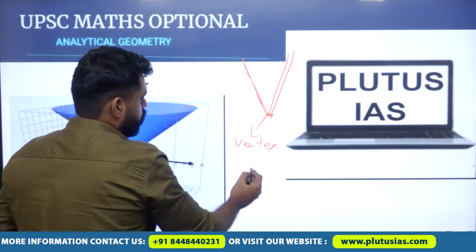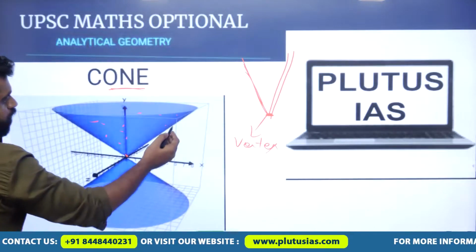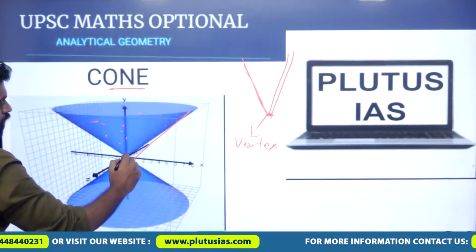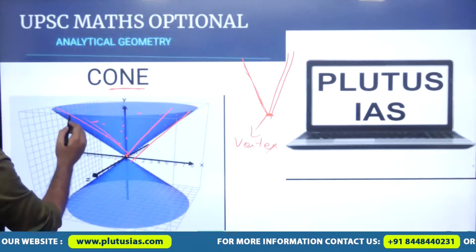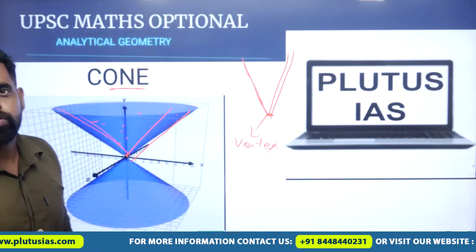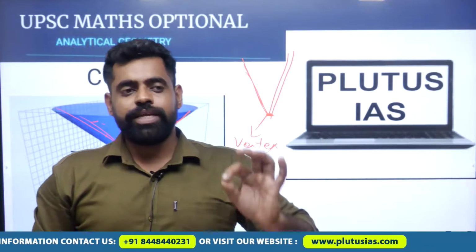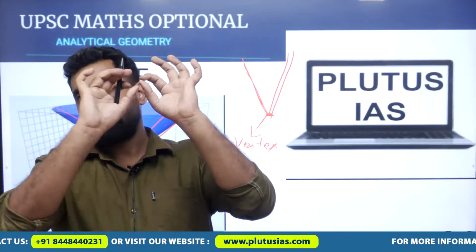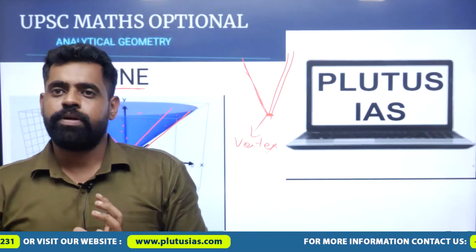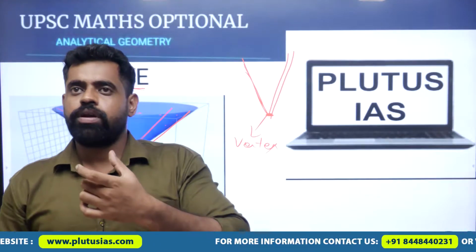So these lines in the circular portion are called a cone. You can imagine an ice cream cone.